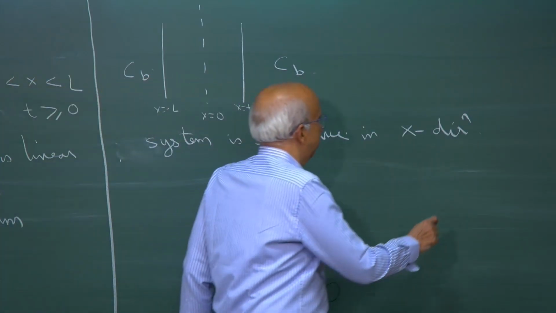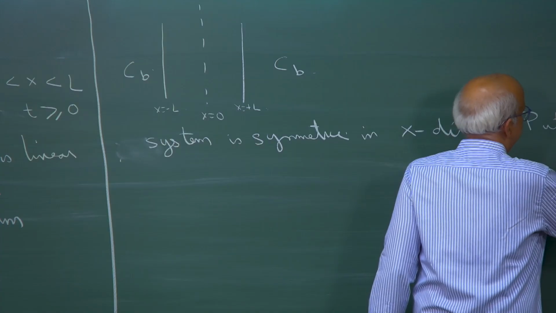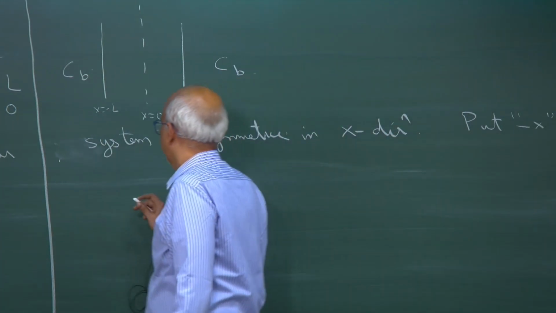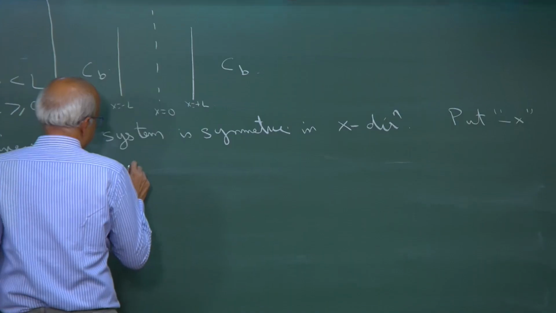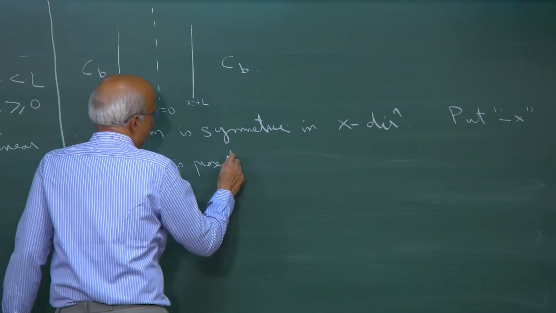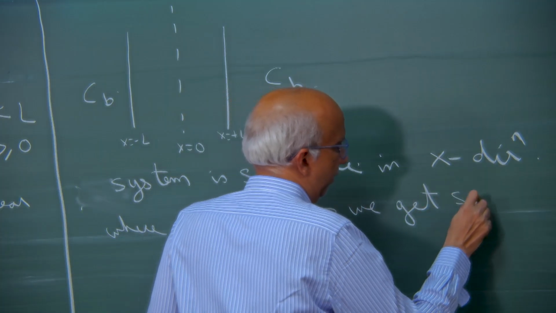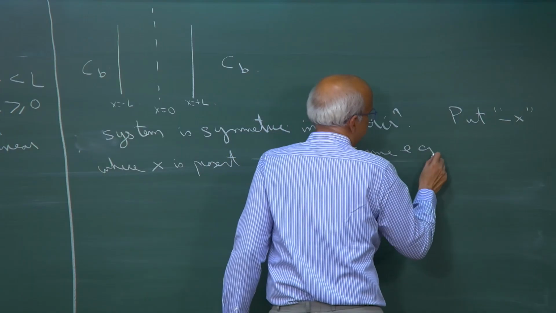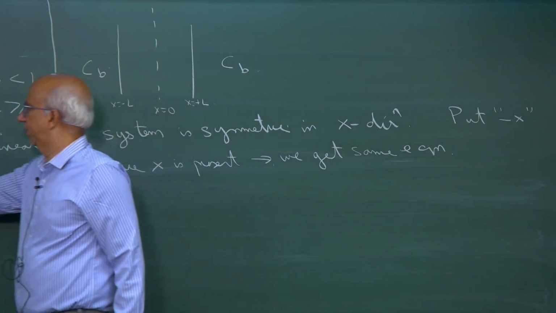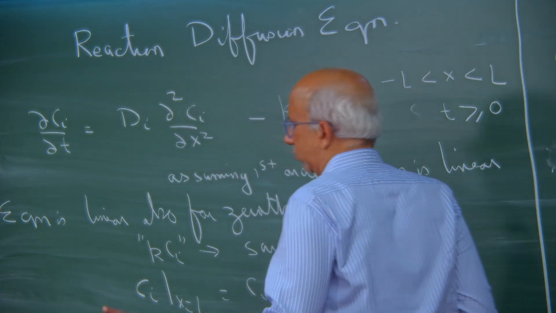So put minus x where x is present, and we get the same equation, because the second derivative, when you put minus x here, gives one negative sign, and the second derivative gives one more negative sign, so we get a plus sign. So that is how you check the symmetry.